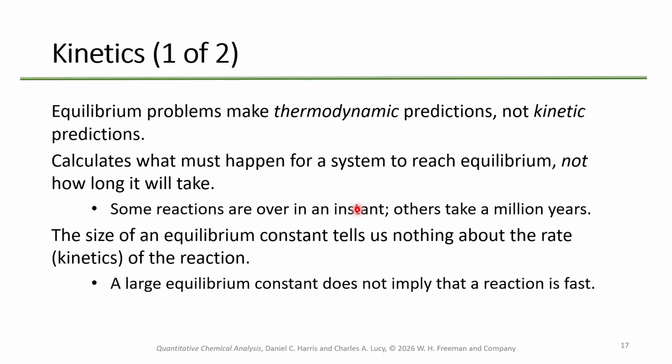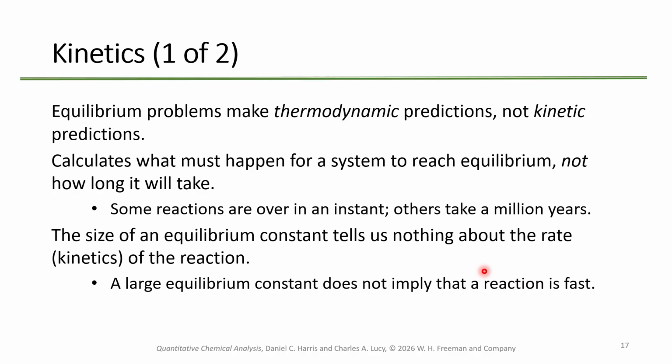Please disconnect them. Now, kinetics is going to calculate how fast something happens. So it's going to be the rate reactants are used over a time frame, or products are made over a time frame. Now, again, remember, a large equilibrium constant does not imply anything about how fast a reaction is.